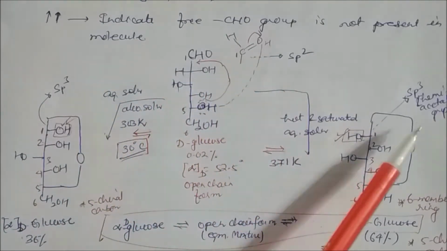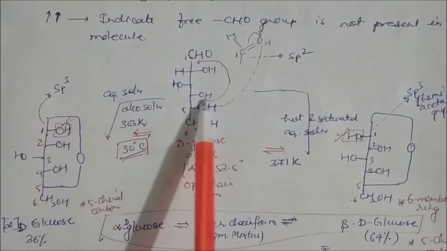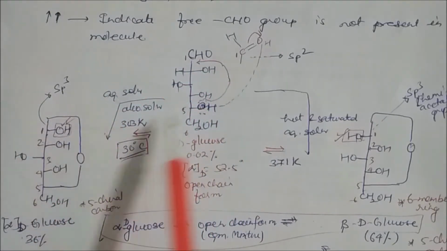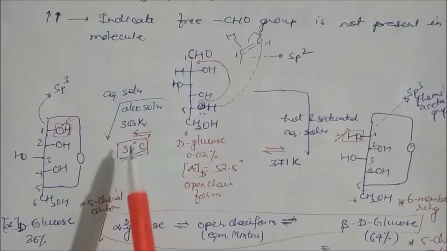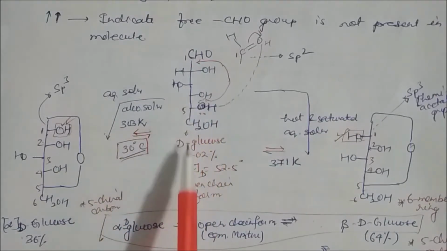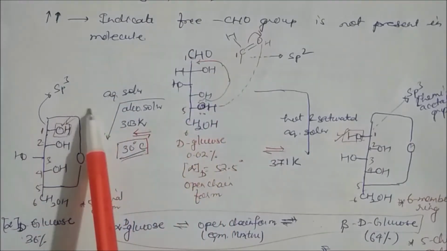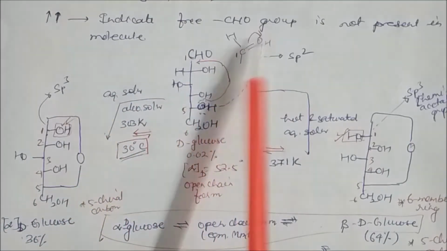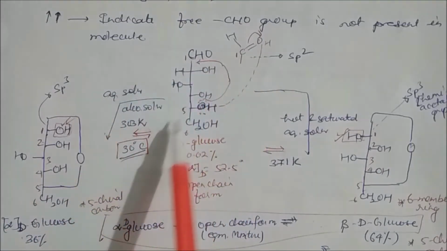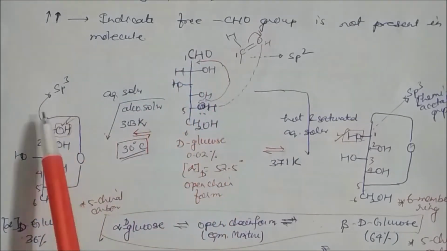So these two carbons are sp3, and it forms a cyclic structure. At 30 degrees centigrade, this D-glucose converts into this type of cyclic structure, by combining this oxygen intramolecularly with this carbon 1.